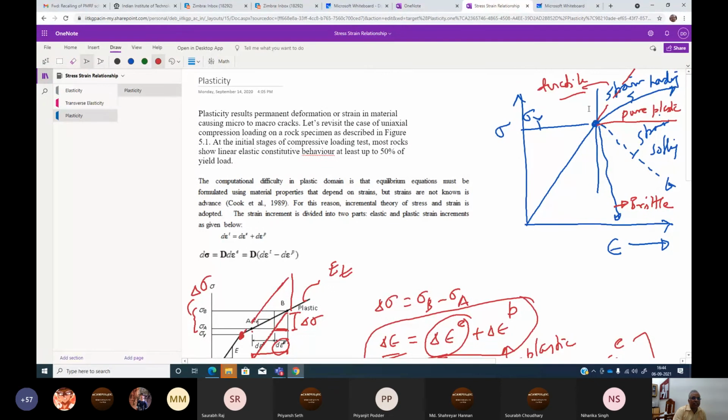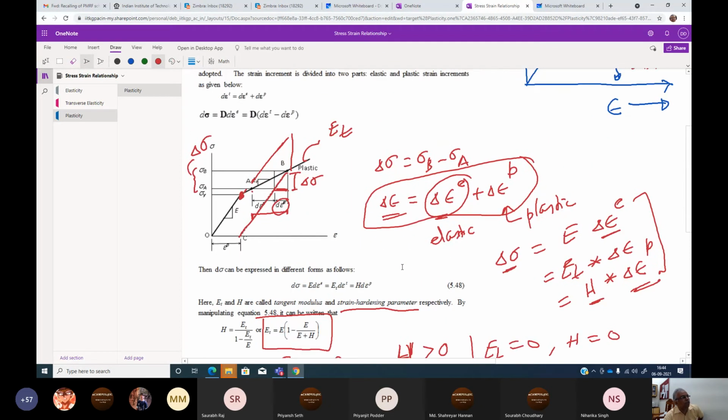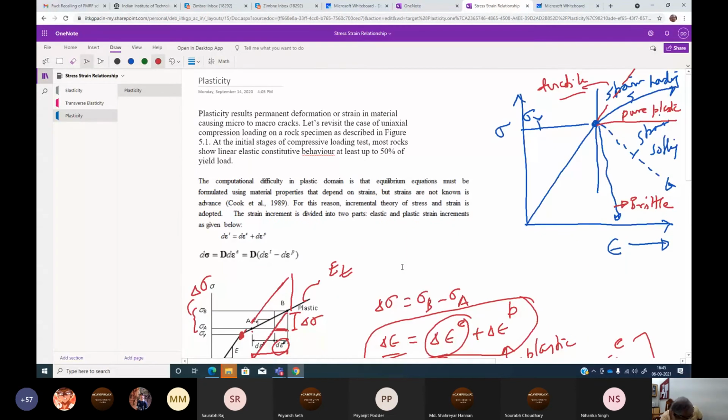Here the slope of this line is positive. Here the slope of this line is negative. Now, this is a serious analysis ramification as far as deformation in plasticity is concerned, but this is beyond your syllabus. We will not discuss plasticity anymore in this class.